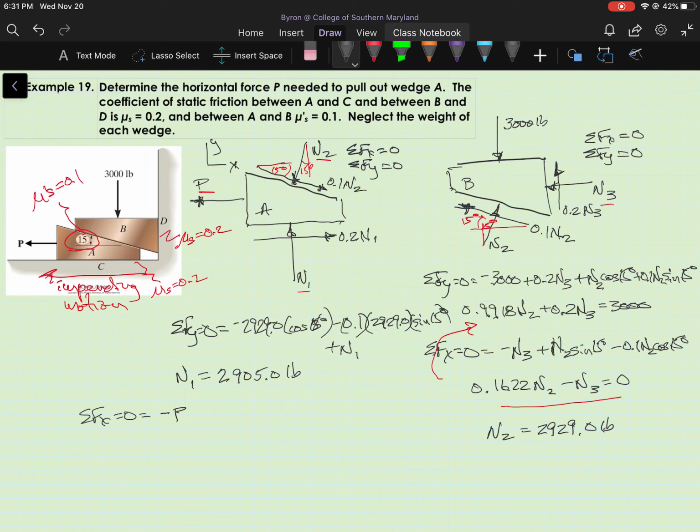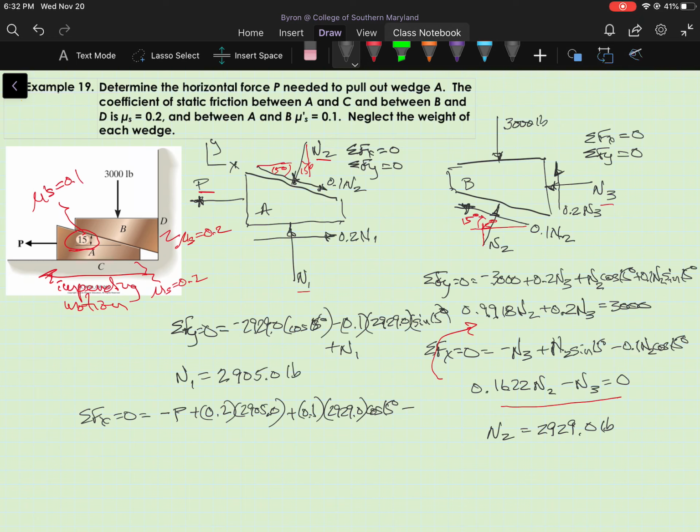That's going to be minus P plus 0.2 times n sub 1, and I said n sub 1 was 2905.0, plus I have a 0.1 times n sub 2 times the cos of 15, and I know n sub 2 is 2929 times the cos of 15, and I still ran out of room.